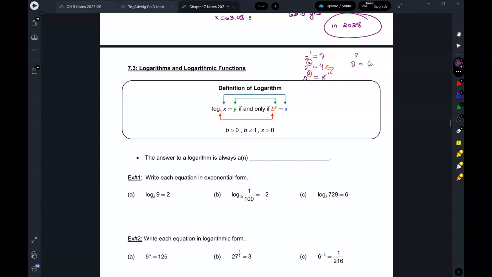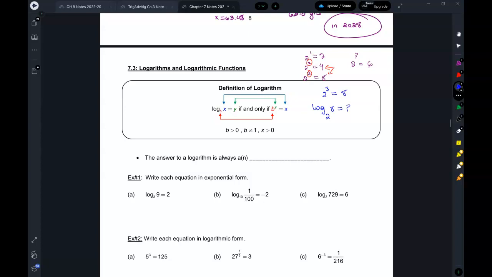So for example, you know how 2 to the power of 3 is 8? I can say, what is log base 2 of 8? Just like that. And if I were walking down the street and there was a billboard and all it said on the billboard was log base 2 of 8, I would say, oh my God, someone's looking for the exponent of 2 to get an 8.